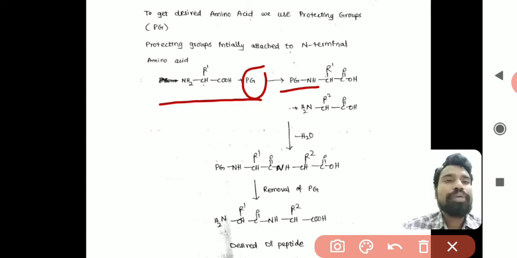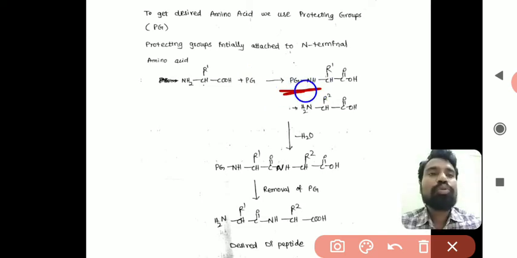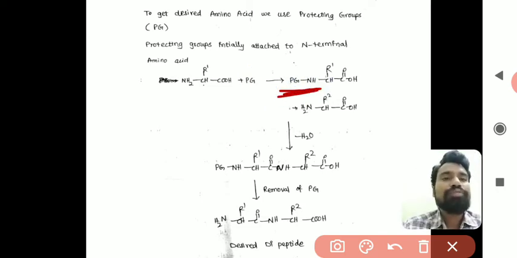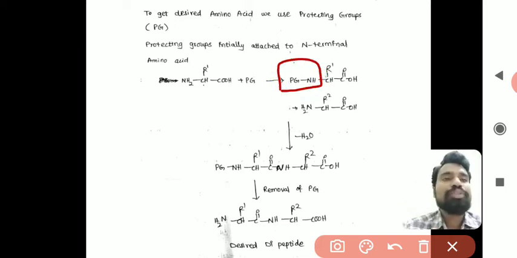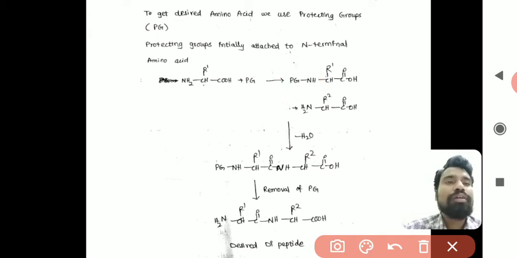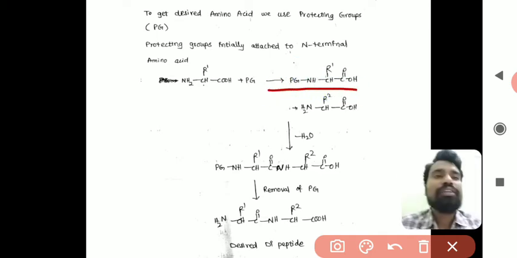Now what will happen? This amino group is protected. It means the first amino acid has reacted with the protecting group, so its amino group is protected and may not react with anything.